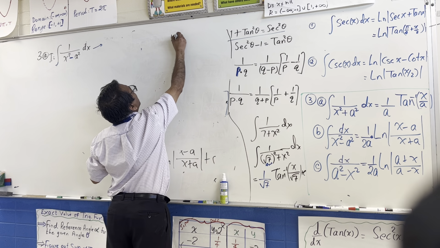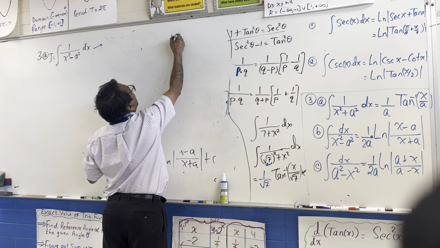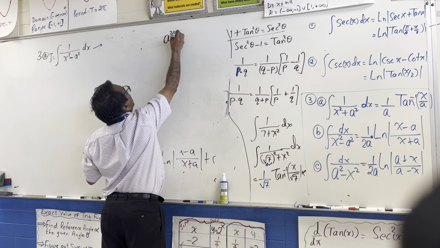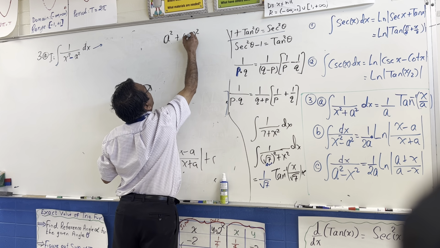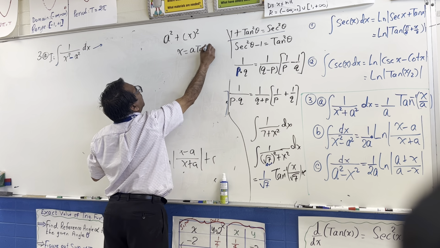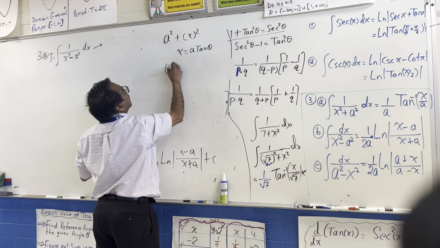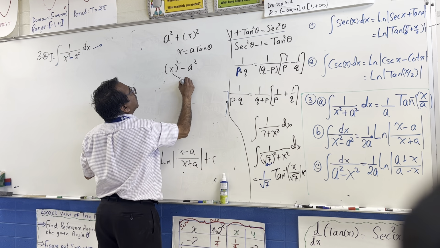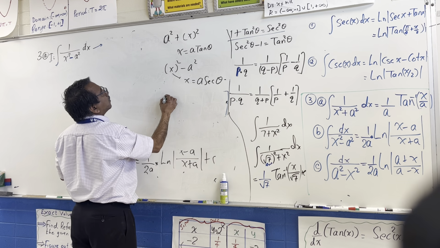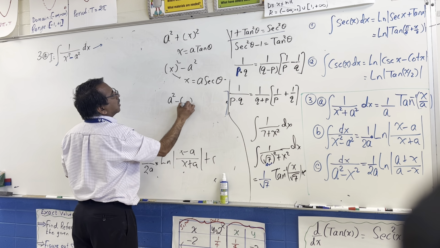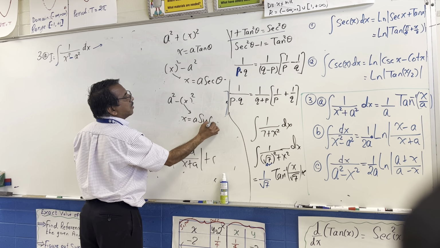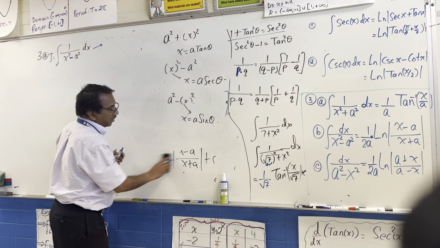Remember, if you have a form like a constant squared plus x squared, it's better to substitute x equals a tan theta, but if it is x squared minus a squared, you had better substitute x equals a secant theta. And if it is a squared minus x squared, then it's better to substitute x equals a sine theta.